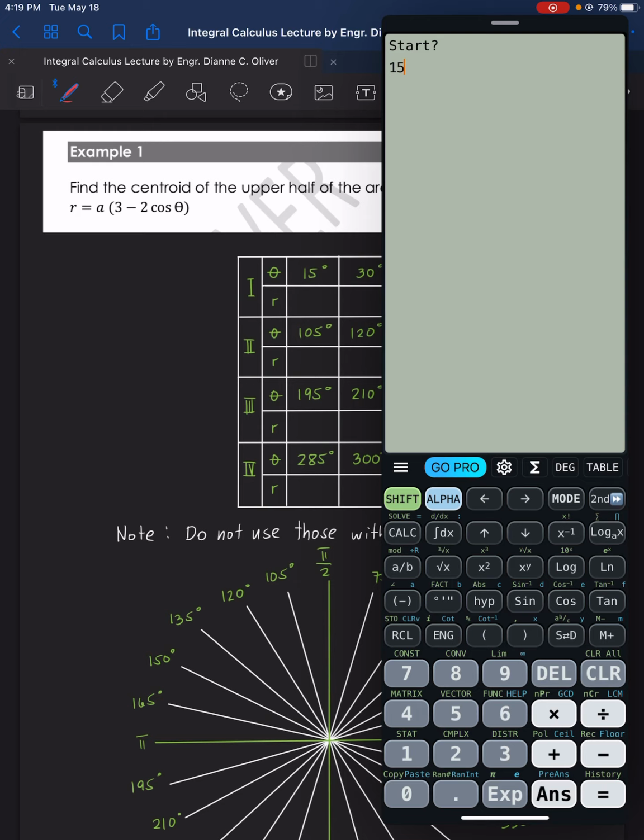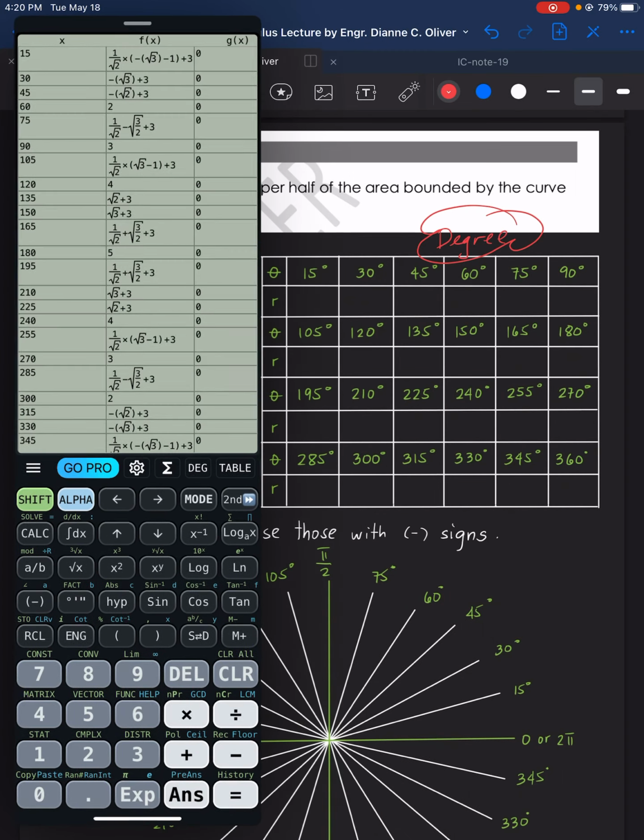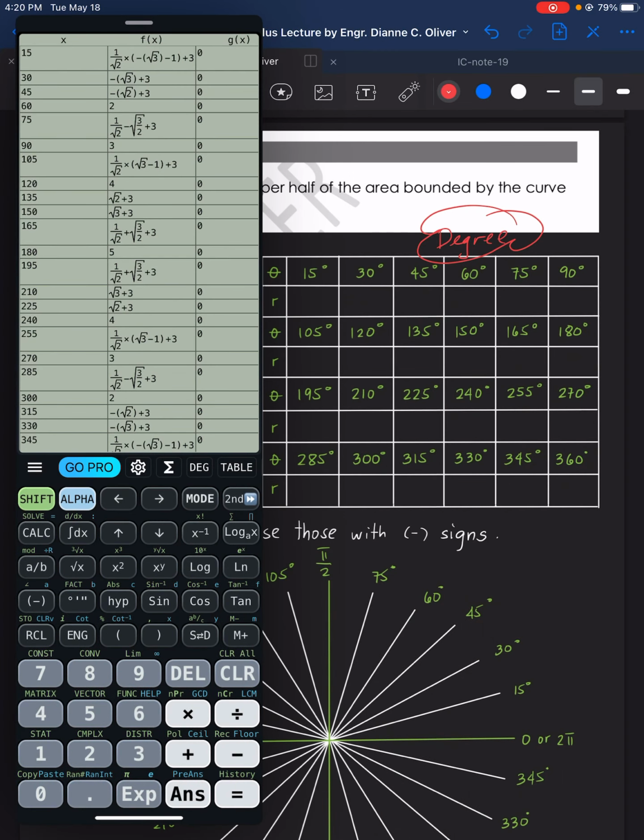Start here is 15 degrees, so we put there 15, ending 360 degrees. Step is every 15 degrees. So we have here the value of r in each theta.